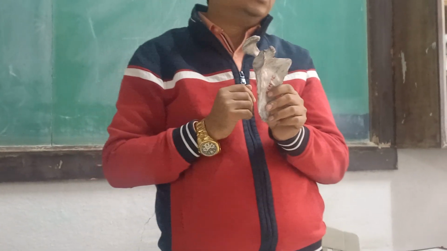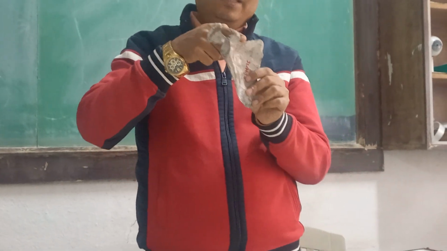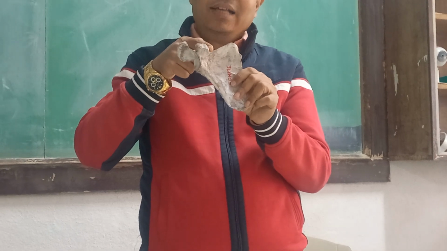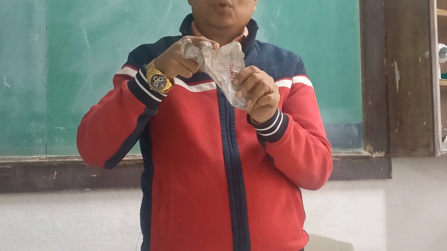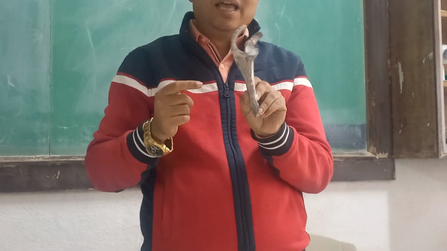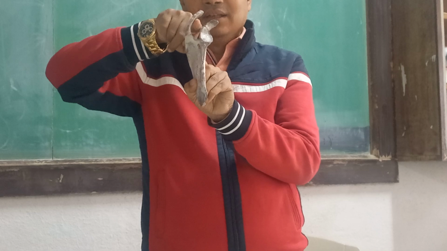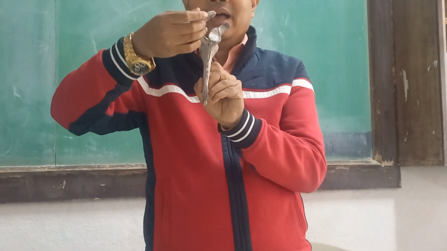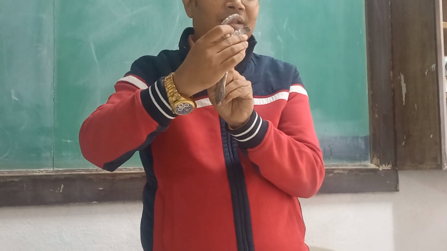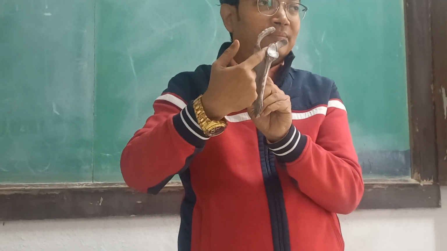Now coming to the notches. On the superior border there is a notch, called the suprascapular notch. And between the acromion process and the glenoid cavity there is a notch.